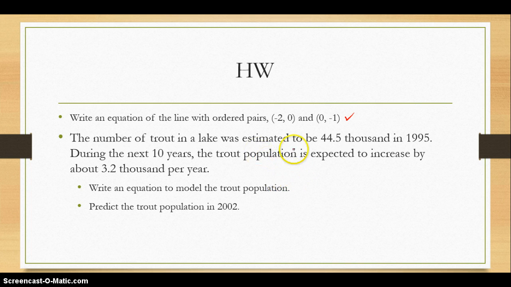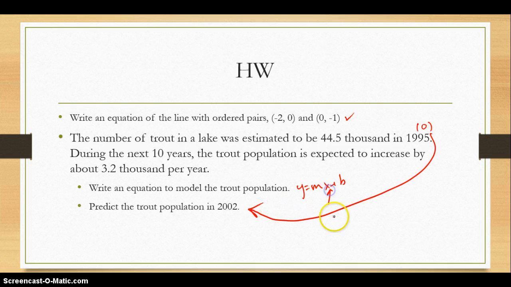So first you're going to write an equation to model this in y equals mx plus b form, and then predict the trout population in 2002. So again, in 1995, use that as the year 0, and think about what 2002 should be. So you plug that number in for x to figure out what that population will be in 2002.